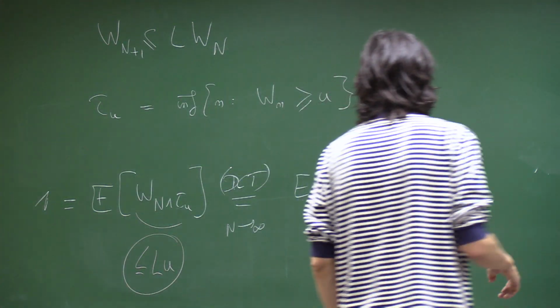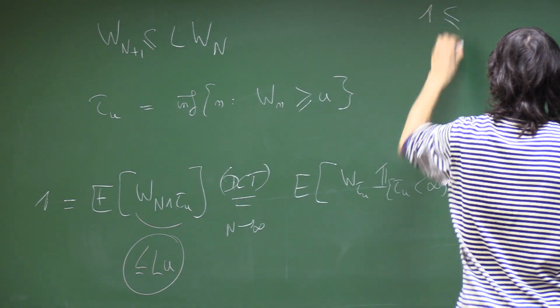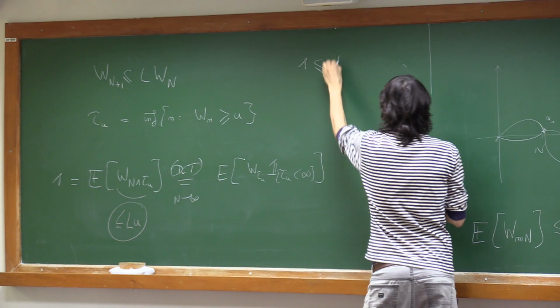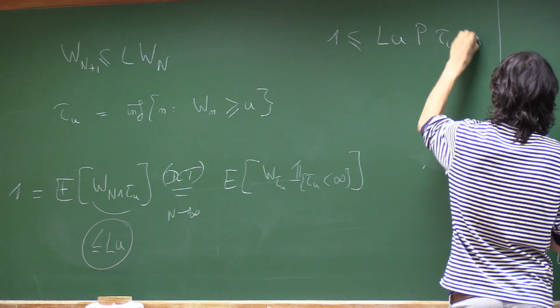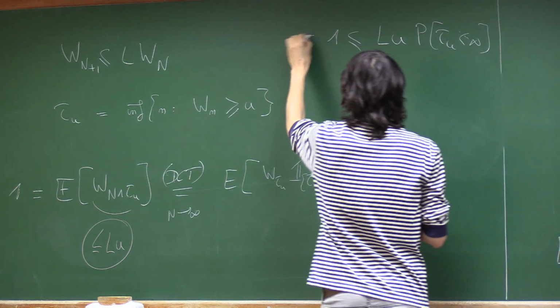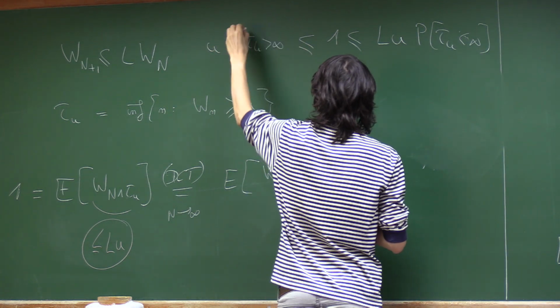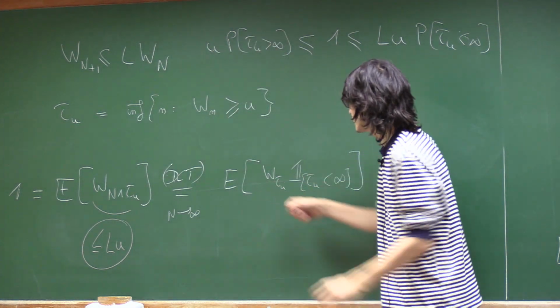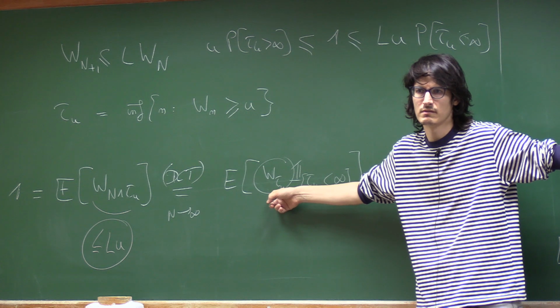Finally, what you get is that 1 is upper bounded by L u times the probability that tau u is smaller than infinity, and this is larger than u times the probability that tau u is smaller than infinity. This is really u up to a constant, so this gives us the result.